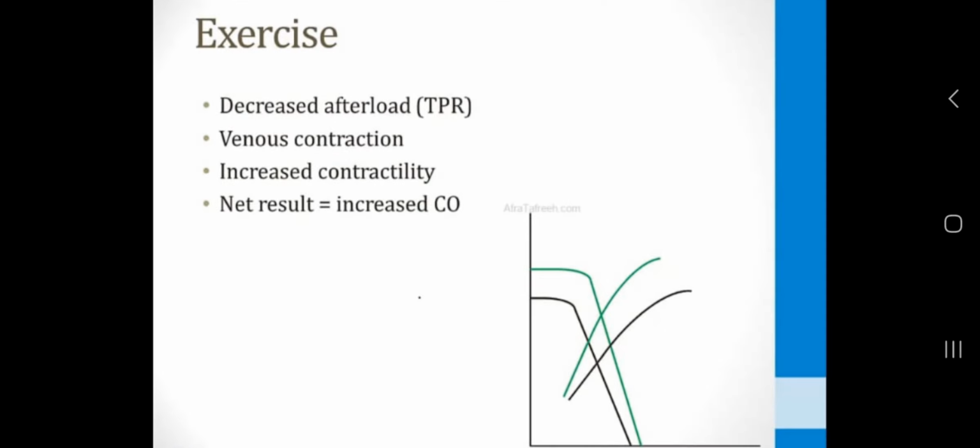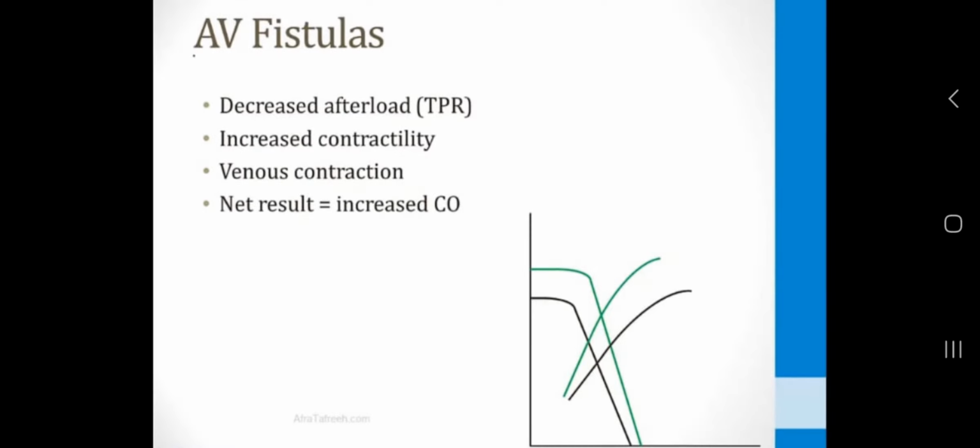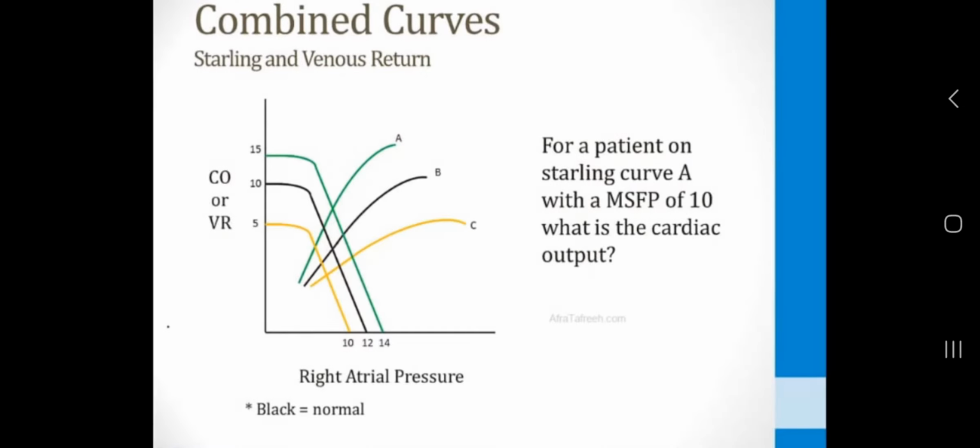In exercise, decreased TPR, venous contraction, and increased contractility will lead to increased cardiac output. AV fistula is the same as that of exercise. Combined curves, right: for a patient on Starling curve A with a mean systemic filling pressure of 10, what is the cardiac output? That will be less than 5.